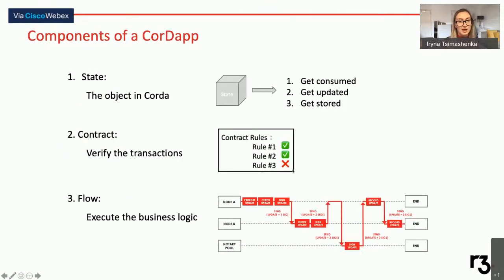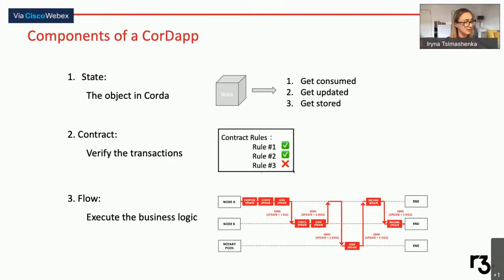A state is a piece of data or shared fact. Because a typical use case of Corda is to allow different organizations to message each other and transact with each other, they're essentially transacting a shared fact between each other. This piece of data doesn't exist in a central repository, but instead it exists in all nodes that participate in this event.